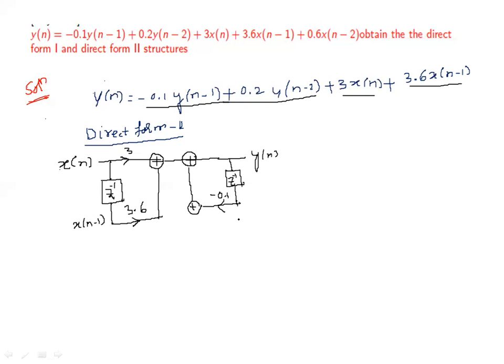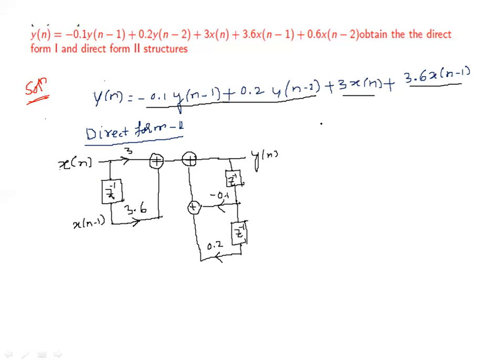Then again, as we want the second delay, that is y of n minus 2, this is Z inverse, and its output is y of n minus 2, which is going to be multiplied with 0.2. So this is our direct form 1 realization, right?